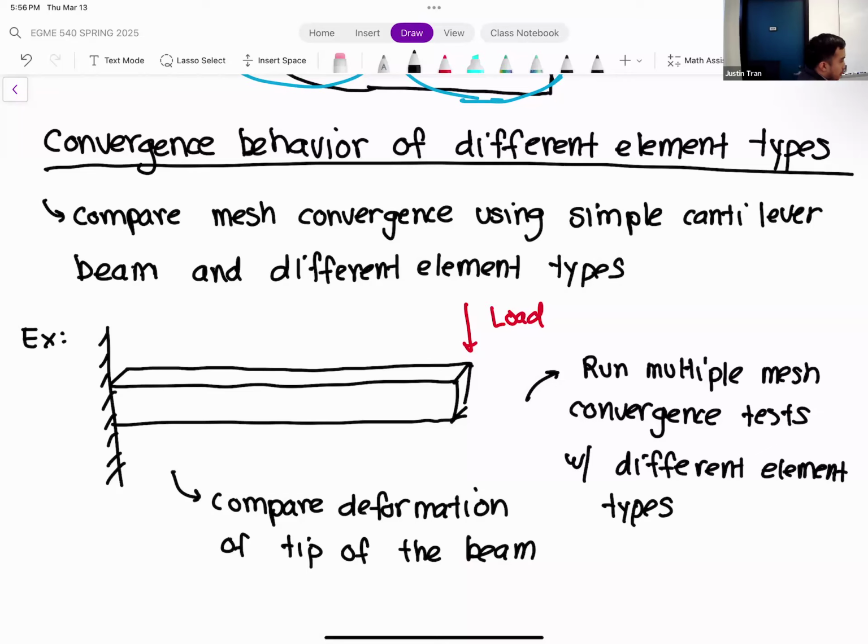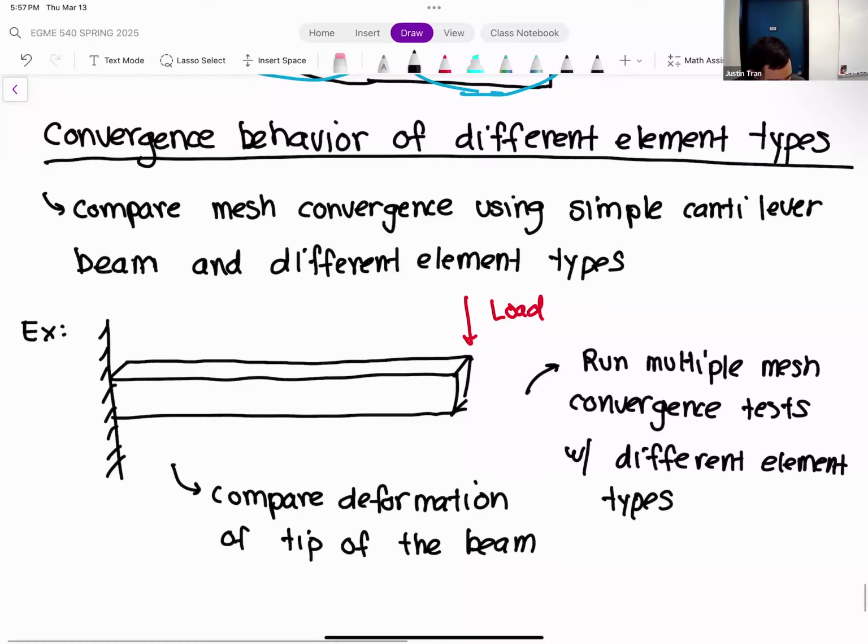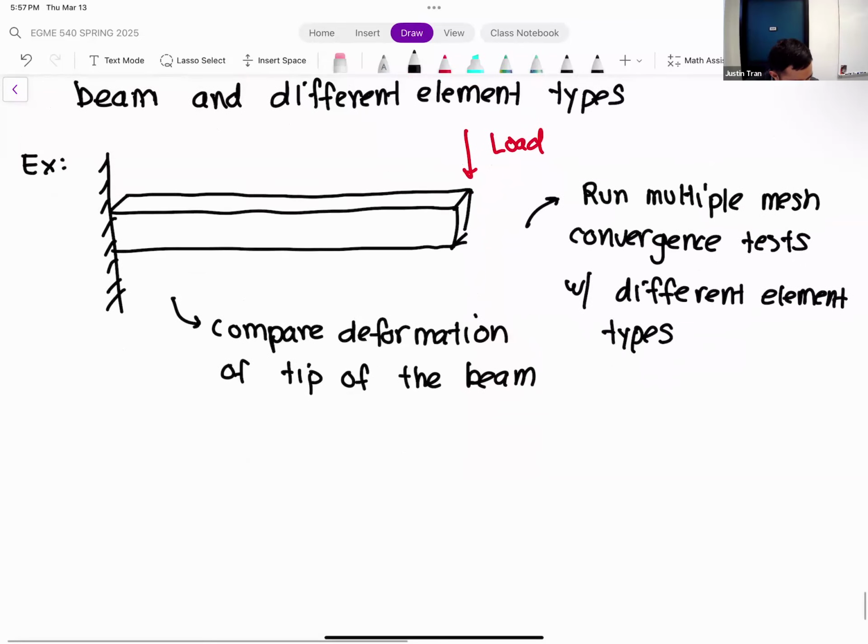Okay, so let's do some comparisons. So we're going to do a bunch of head-to-head comparisons here. So first, let's look at the comparison of a linear tetrahedron and a linear hexahedron.